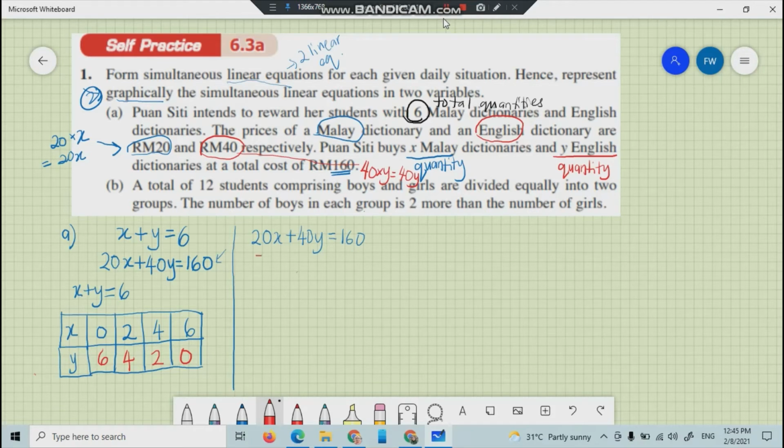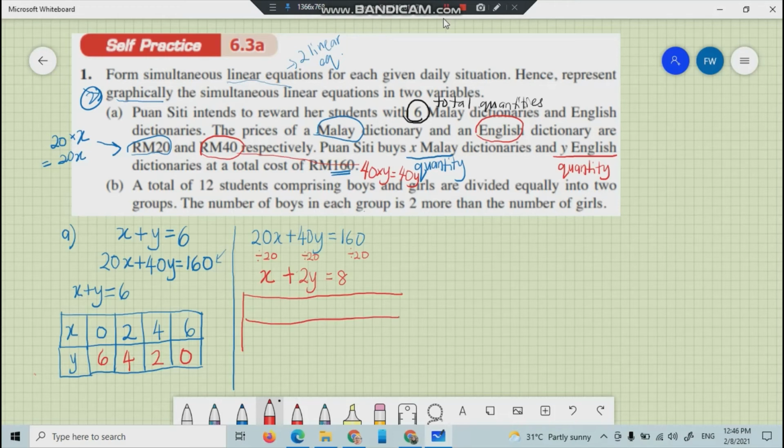We divide each term by 20. Then 20x divided by 20, you will get x, plus 40y divided by 20, you will get 2y. 160 divided by 20, you will get 8. So you create the same table just like before.